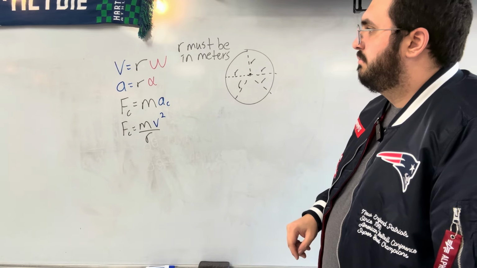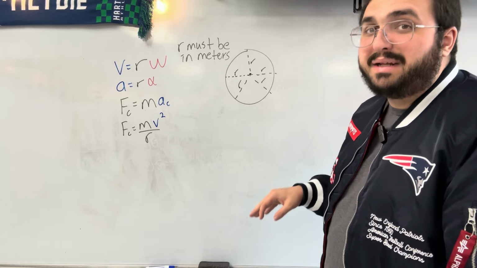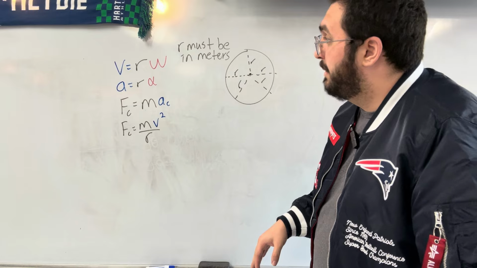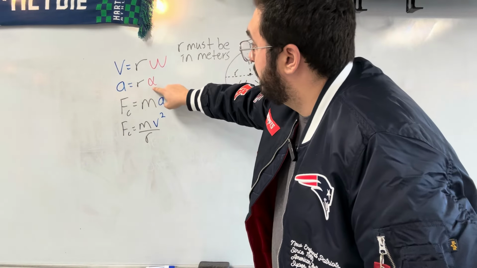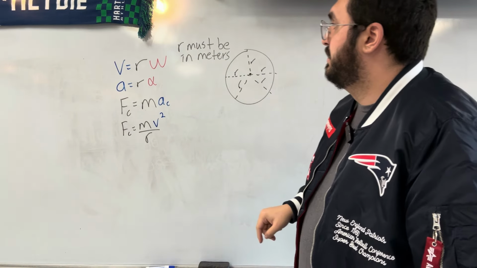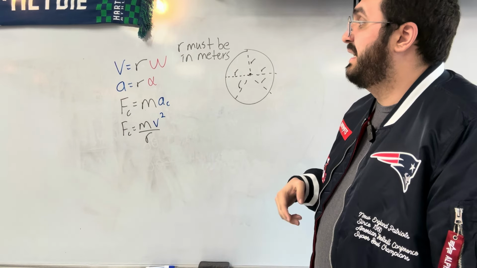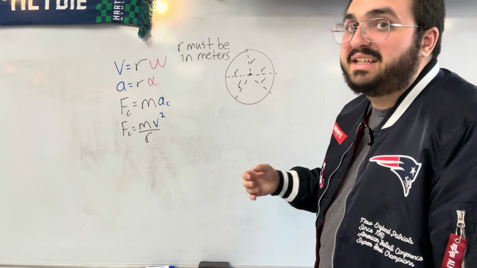Now, this will give us a velocity in meters per second. Same exact thing applies for angular acceleration going to tangential acceleration. Multiply that value by the radius in meters, and you get the tangential version.